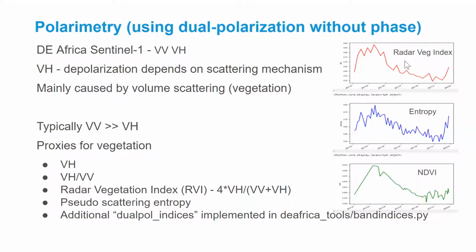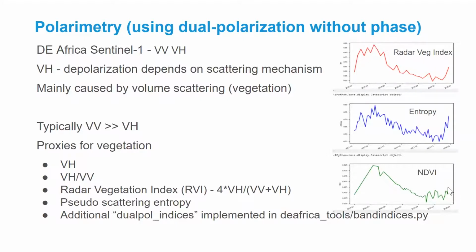And just to give you an example here, this is comparing, I think, over some rangeland area, the radar vegetation index entropy. This should be very similar to the pseudo entropy that's calculated from our data, compared to the NDVI measured from optical imagery. As you can see, they actually correlate pretty well with each other.